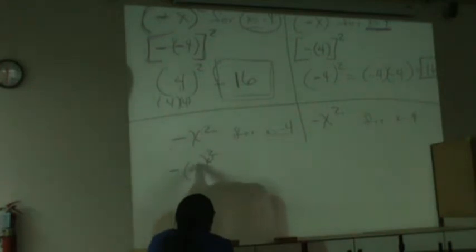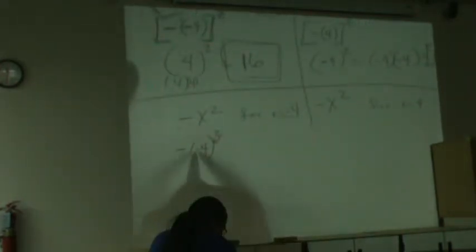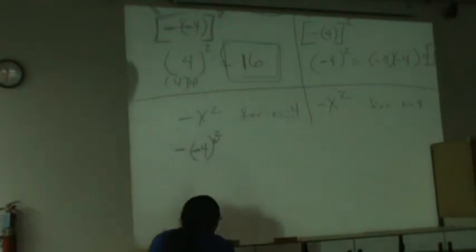This, the only thing that's getting squared is going to be the part that's the x. Okay, so put the negative 4 here. Do not change this, because the squared part goes to this. This negative stays here. This part is squared.